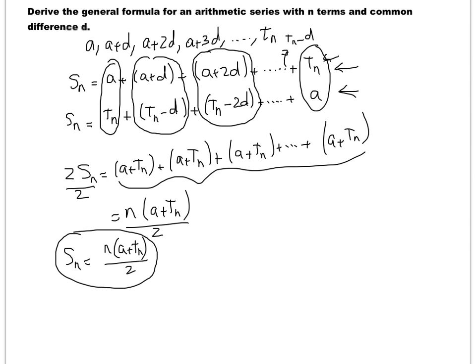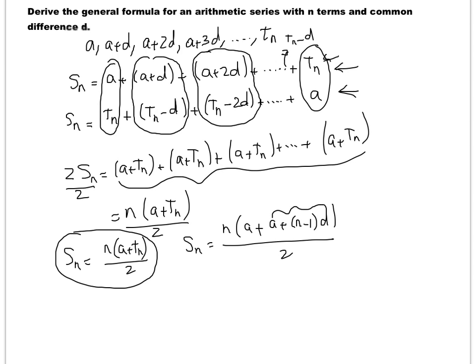The other version, which is based on the first term and the number of terms, I can write as Sn is equal to n times a plus, remember that in an arithmetic sequence, we can write the last term as a plus n minus 1 times d, all divided by 2.